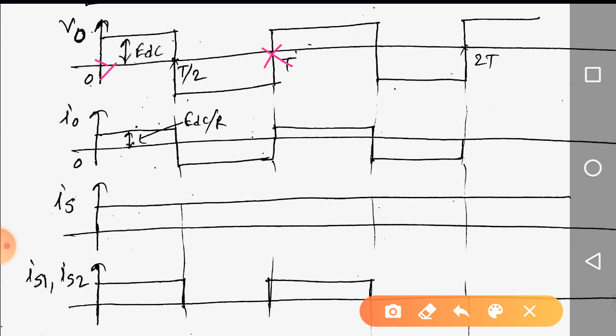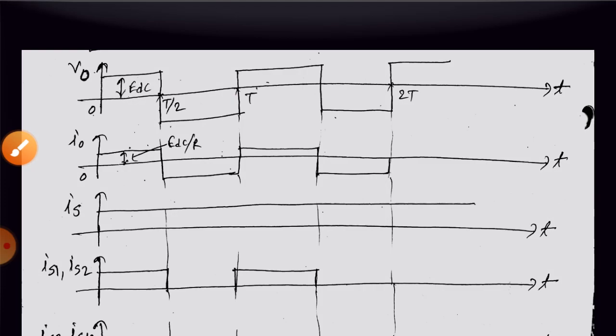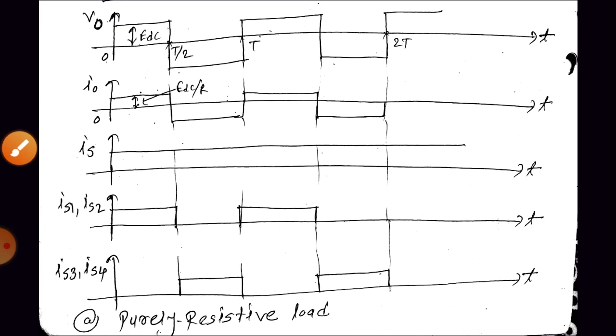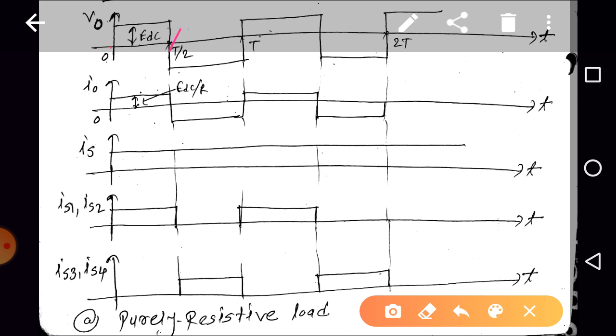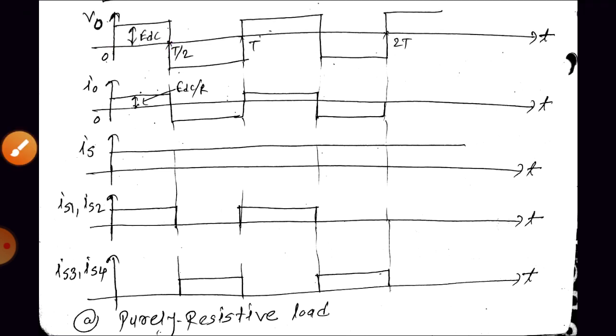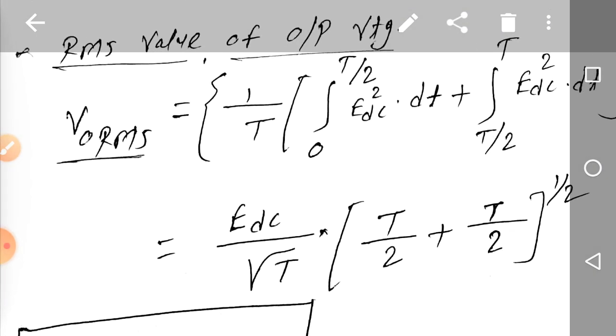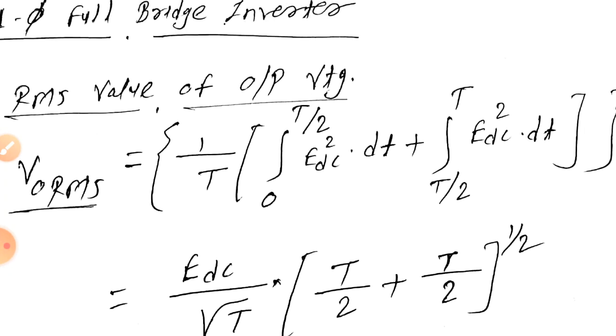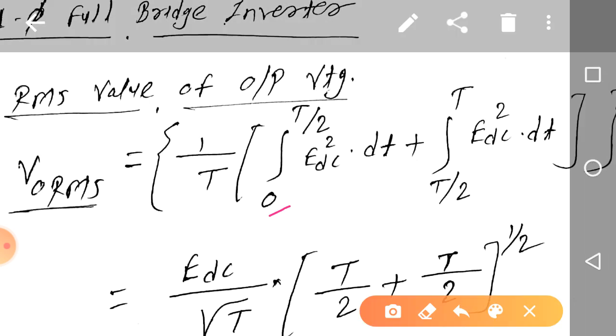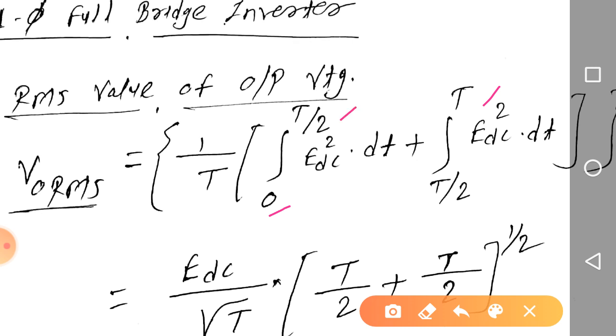Whatever the waveform from 0 to T, same is repeating from T to 2T, same will repeat from 2T to 3T. So that's why the period is T. Again 0 to T is divided as 0 to T by 2, T by 2 to T. RMS means root mean square, that is the square root of mean of squared value. So this can be written as V0 RMS is equal to 1 by T integration from 0 to T by 2, T by 2 to capital T.